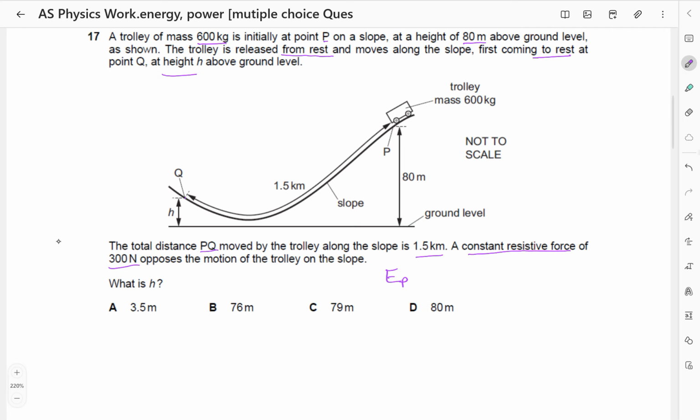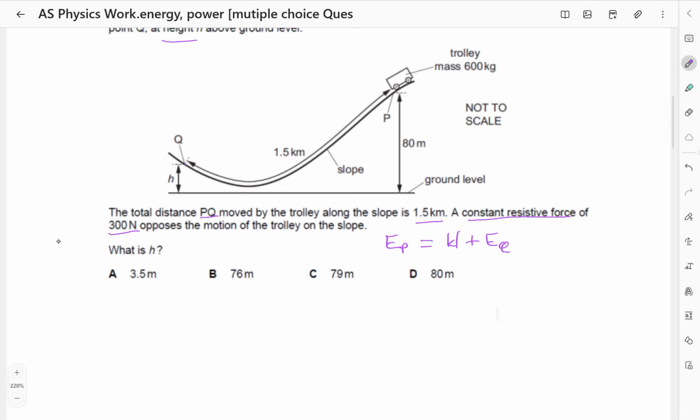So we are going to assume that it moves with a constant speed. Therefore, the potential energy at P should be equal to the work done against friction plus the potential energy gained at Q. So what is lost at P becomes work done against friction, and it becomes the potential energy at Q.